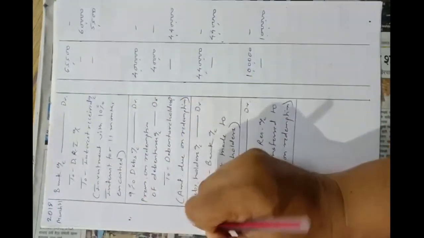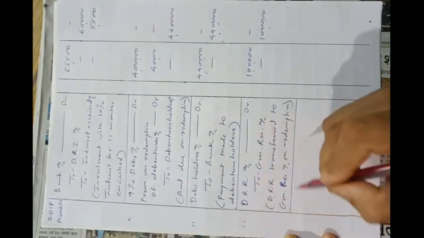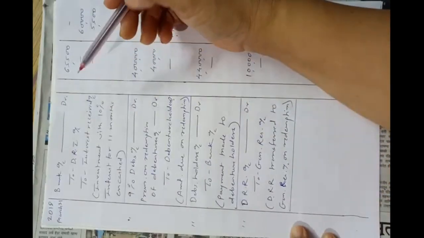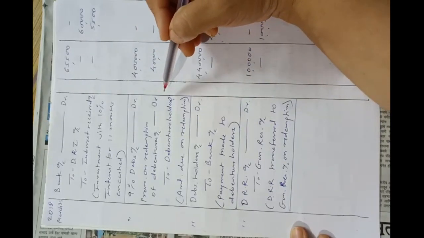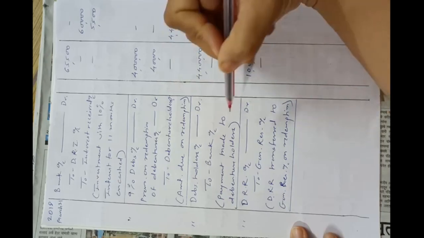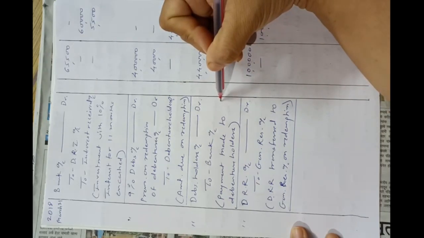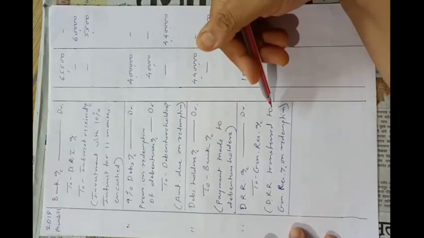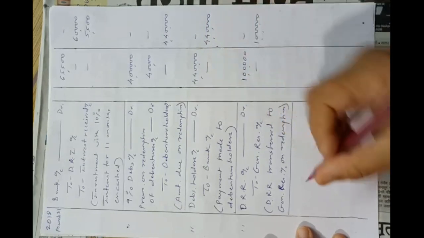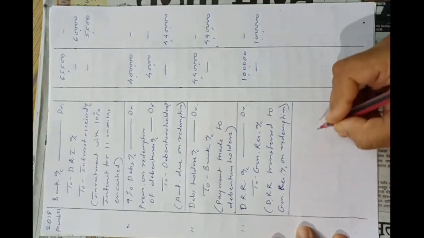On the same date, the dates are same, please remember this. Dates are 31st March 2018. First they have sold the investment and got the interest, then they have shown the debenture redemption amount due to the debenture holders, then payment made to debenture holders, then amount in DRR transferred to general reserve account, and then the last entry will be interest received transferred to statement of profit and loss.